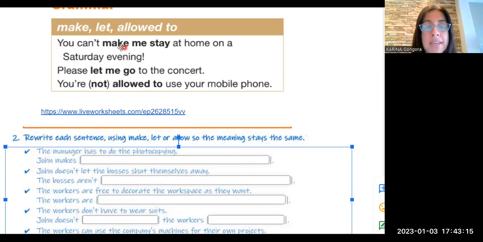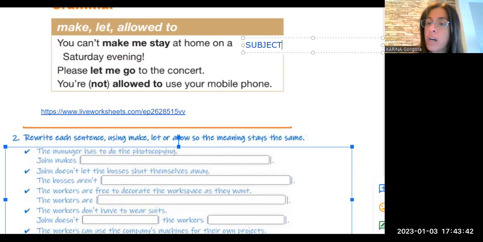Here we have make, yes? What is it that you need to remember? ¿Qué tenemos que recordar cuando tenemos una oración con make? Yes, we are going to have first, here we have it. I will write it in bigger letters. Okay, first we have the subject. Yes, in this case is you, the subject.